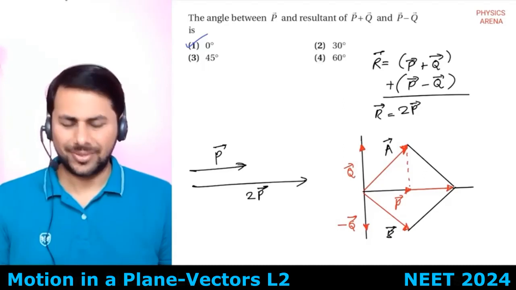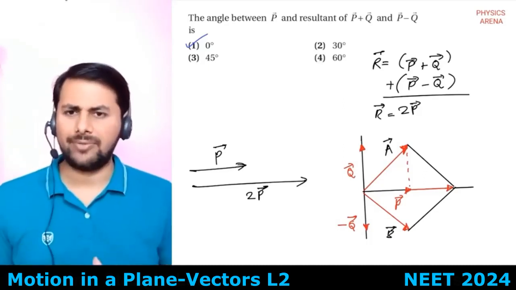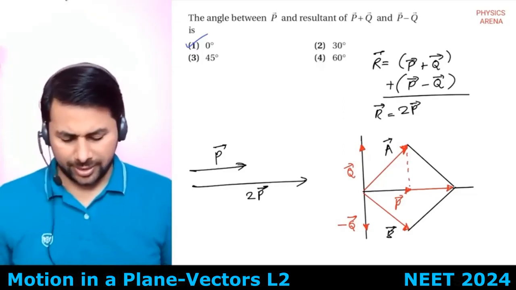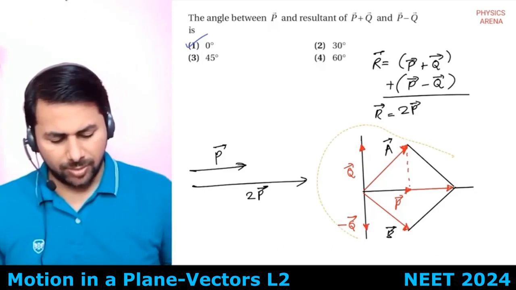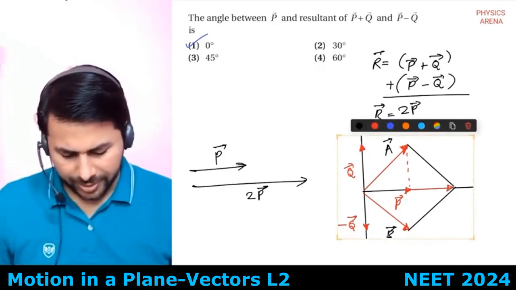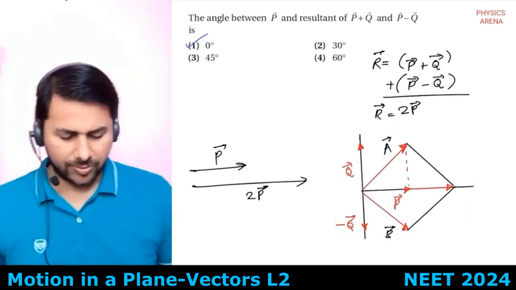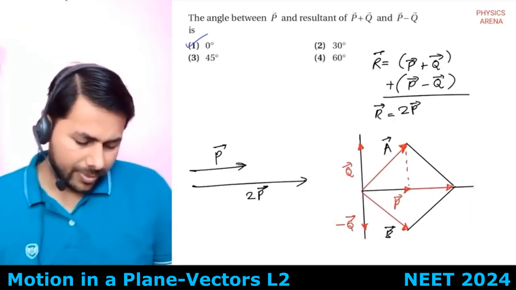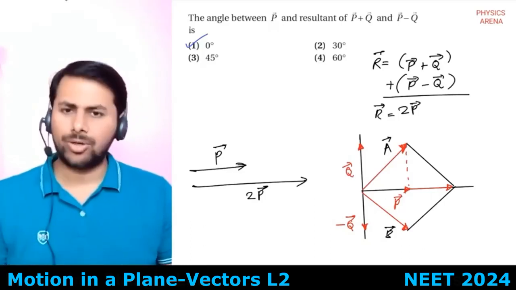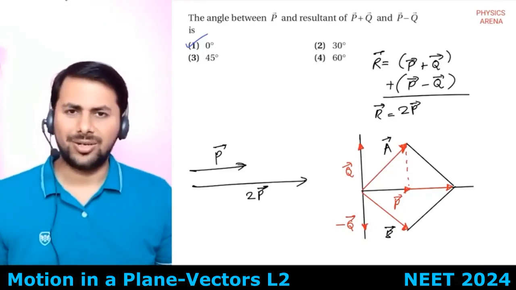For simplicity I have drawn p bar and q bar along the x and y axis. You can draw them anywhere, or I can just rotate this diagram so that they no longer point along x and y, but in this software there is no option to rotate. But this is good for understanding.